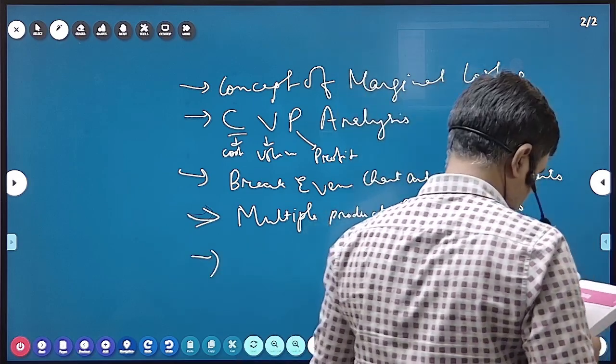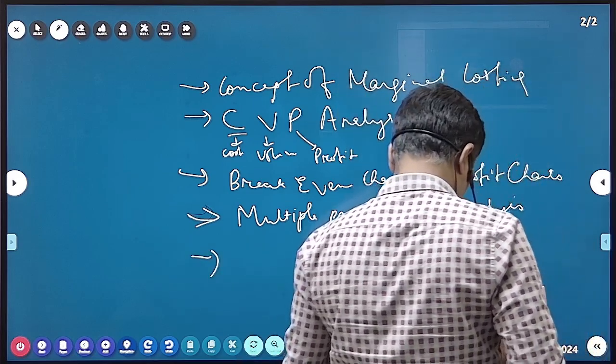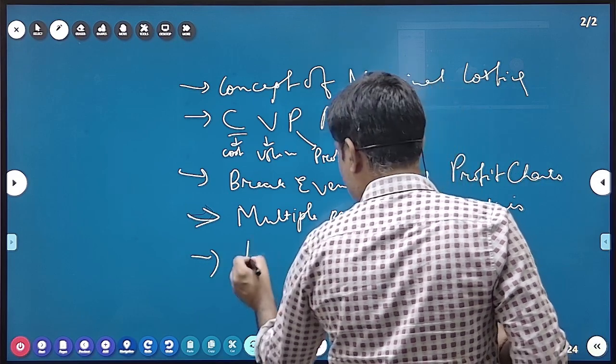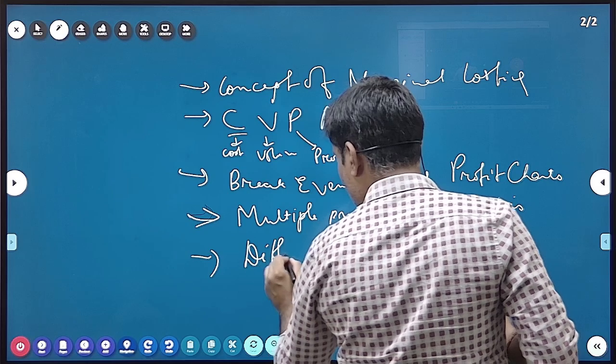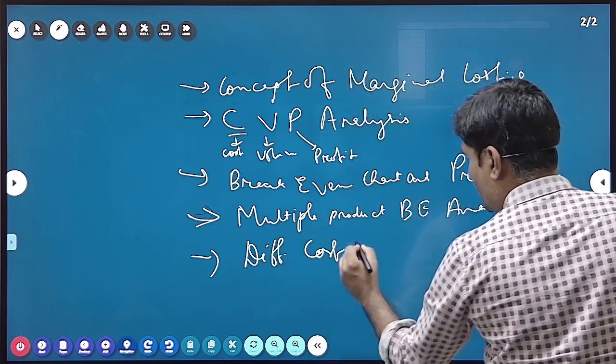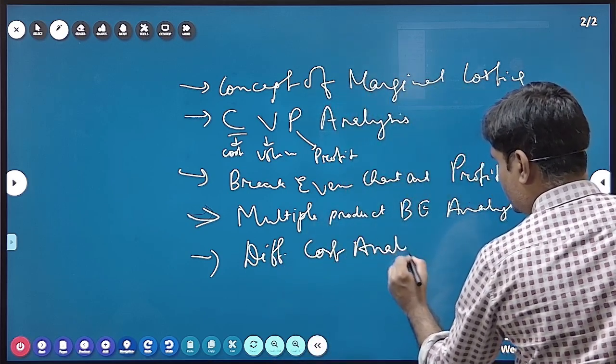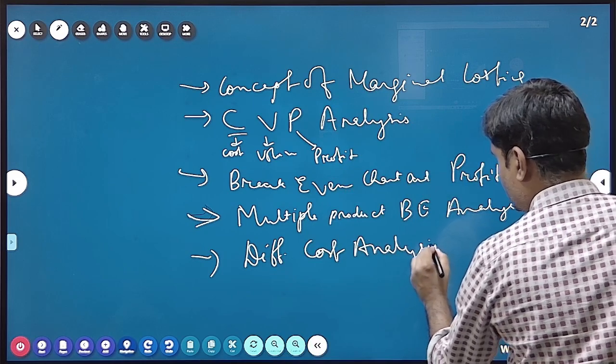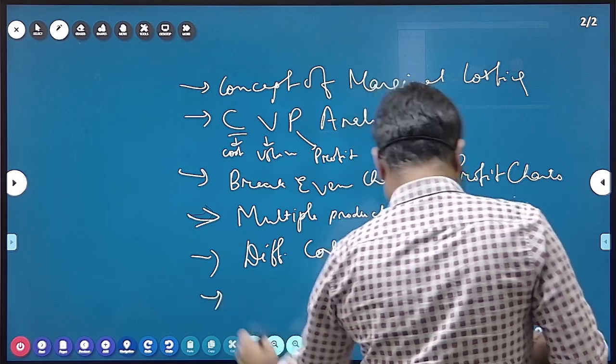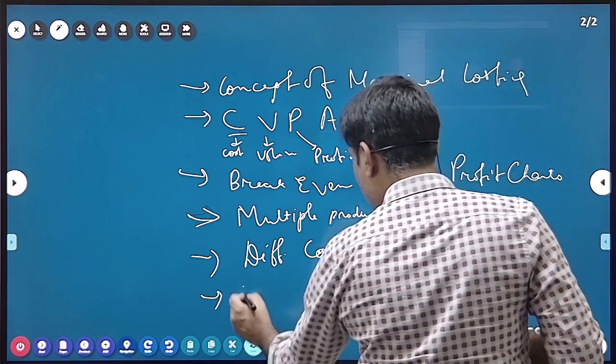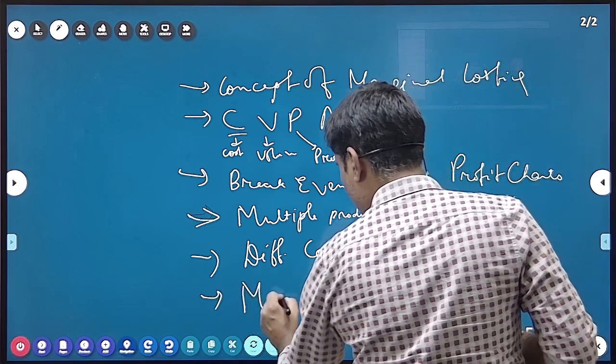Then differential cost analysis. Then marginal costing versus absorption costing.